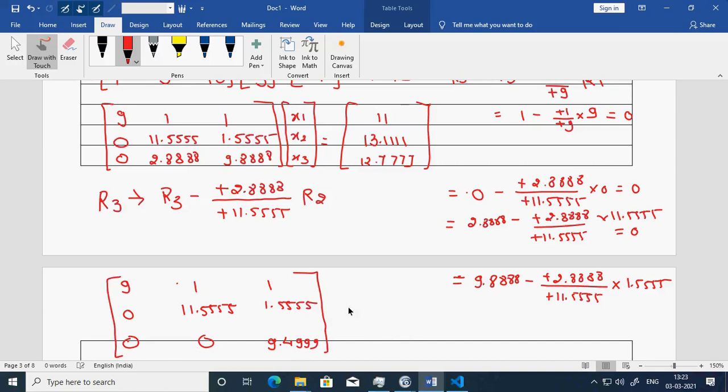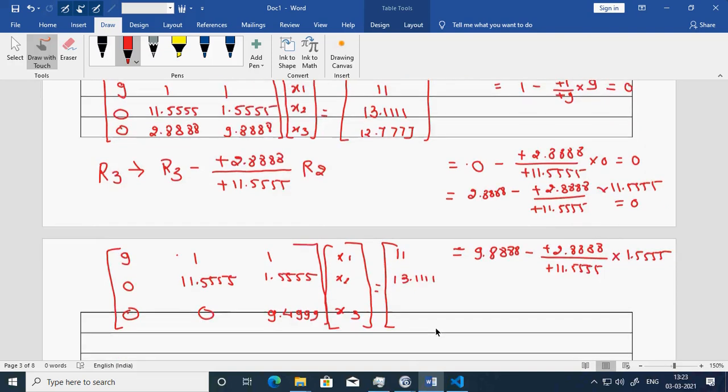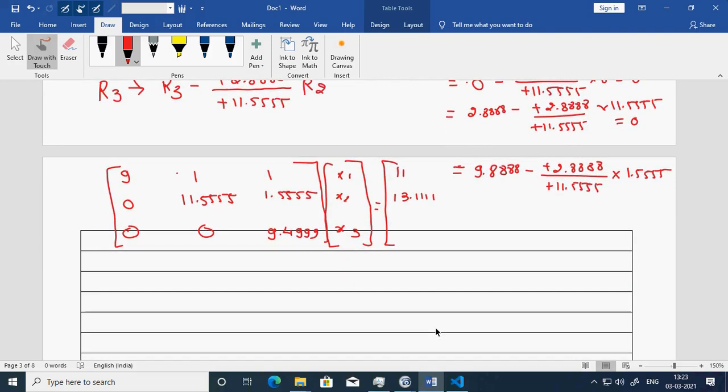Okay, so this is my matrix, this is my x1, x2, x3 is equal to, okay, so this becomes 11, 13.111. So the last value is what is remaining. If anybody could calculate and let me know the last value.